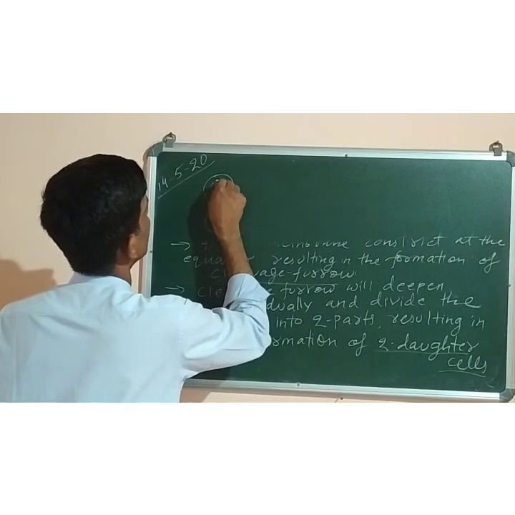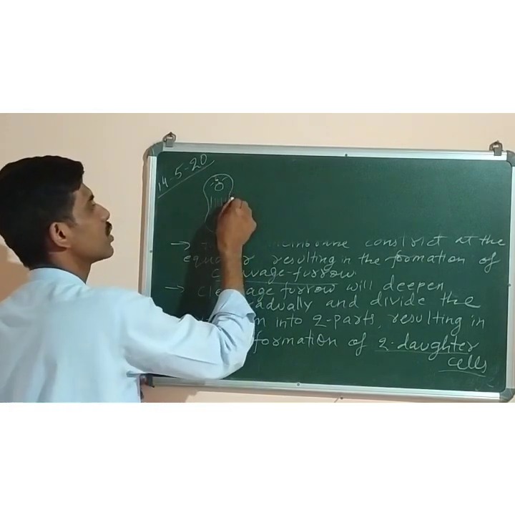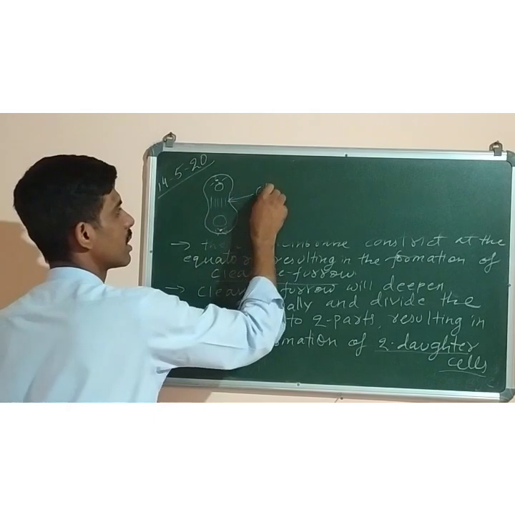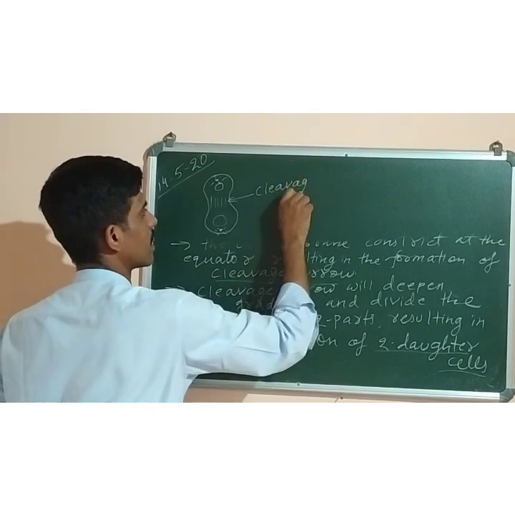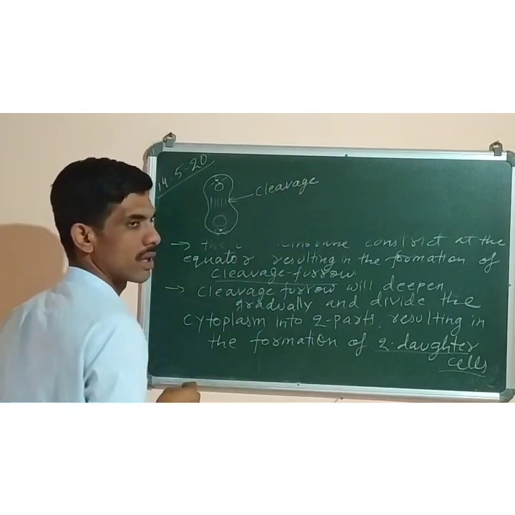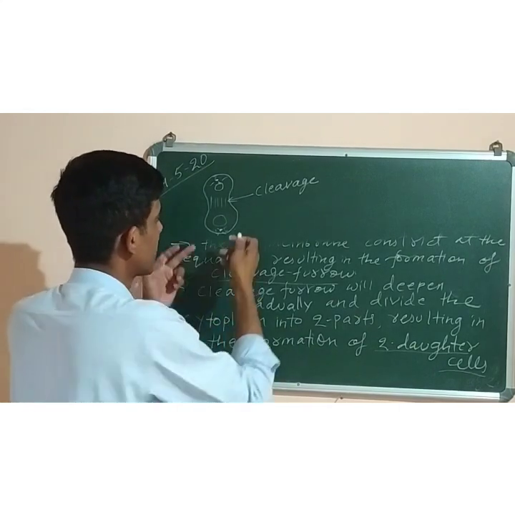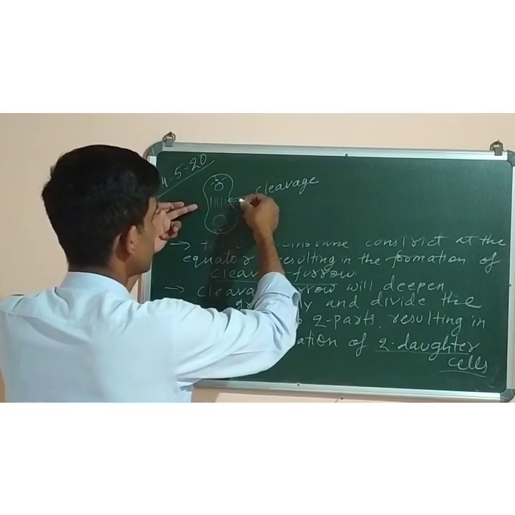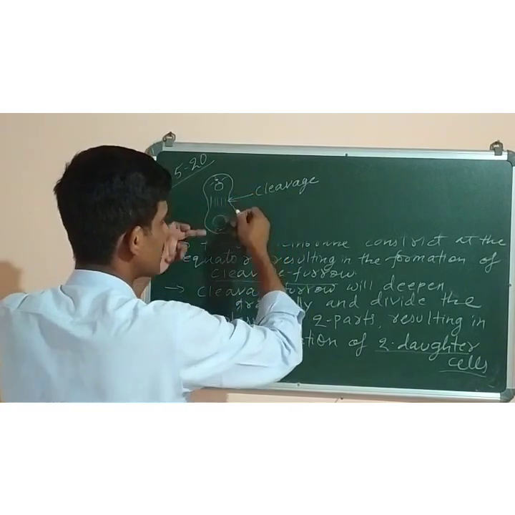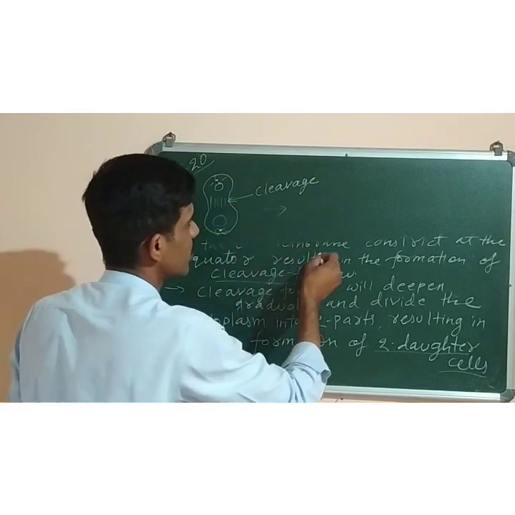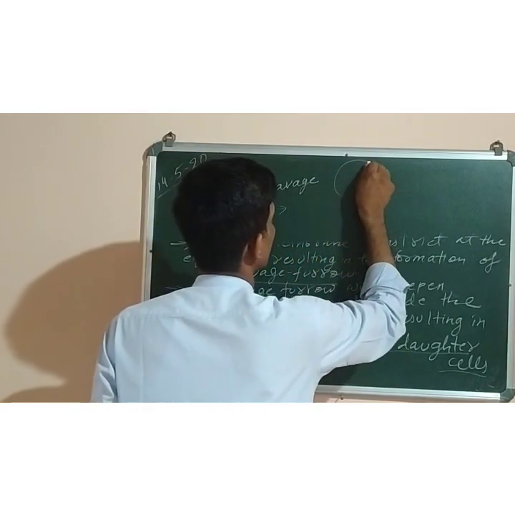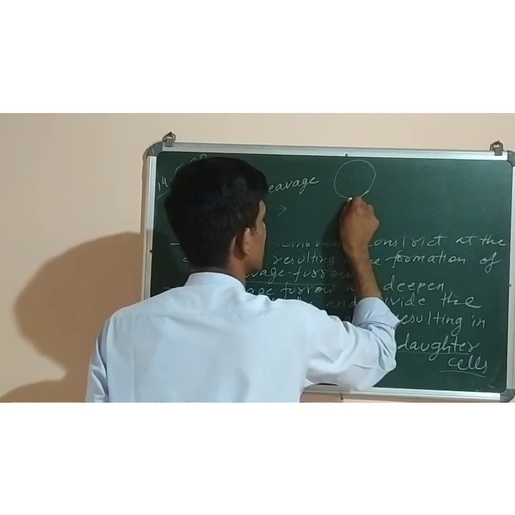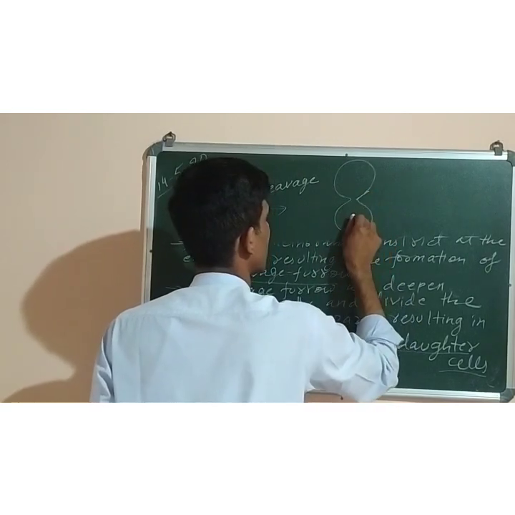Okay. Now this one is called cleavage. The constriction which appears, it is called cleavage. Alright, this cleavage will gradually deepen and it will join with each other. Means on either side this cleavage will come, it will go deep inside in the second stage, and it will join to form. Now see, the constriction appears here.